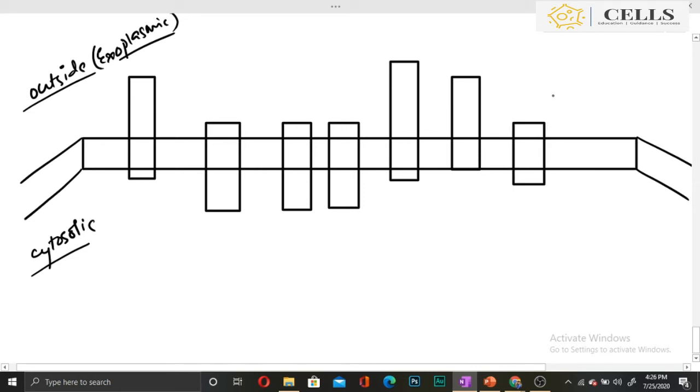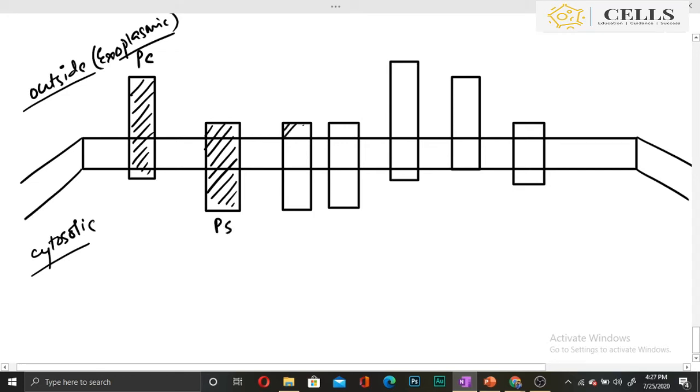Now, what is this? See this very carefully. PC, phosphatidylcholine, is mainly present on the exoplasmic side. Phosphatidylserine is mainly present on the cytosolic phase, so we can also write it as PS.